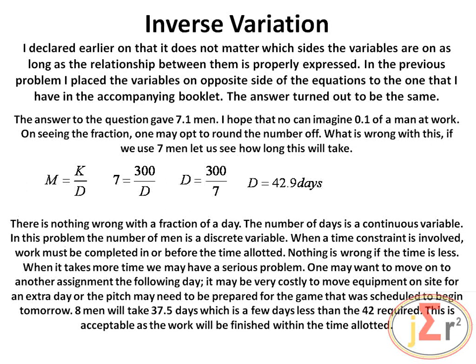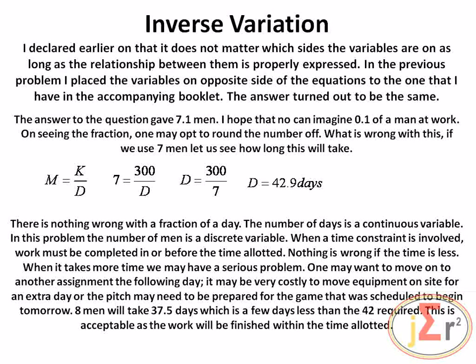8 men will take 37.5 days, which is a few days less than the 42 required. This is acceptable as the work will be finished within the time allotted. So no problem if, by doing our rounding, the number of days decreases. But there's going to be a serious problem, because when work is given to a team, it is expected that the team completes the task in the time or before the time.